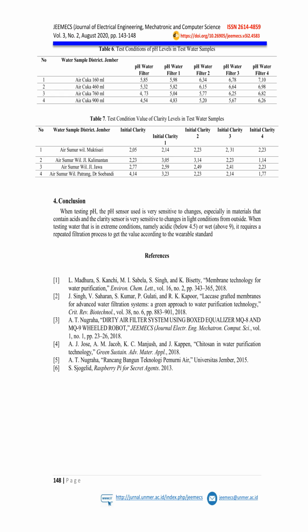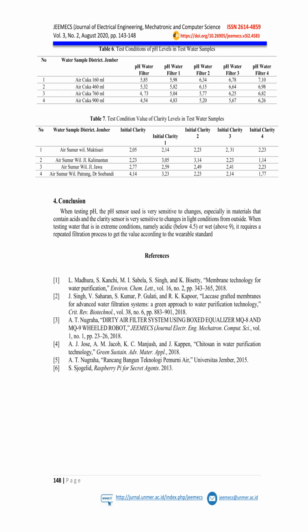Table 6. Test conditions of pH levels in test water samples. Water sample district, Jember: pH water, filter 1, filter 2, filter 3, filter 4. 1. Air Chuka C 160 ml: 5.85, 5.98, 6.34, 6.78, 7.10. 2.